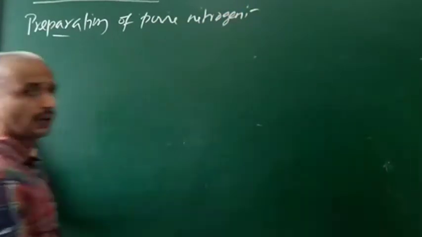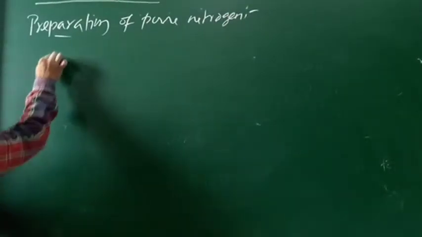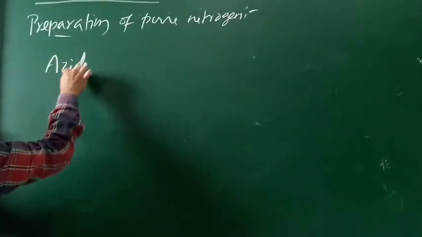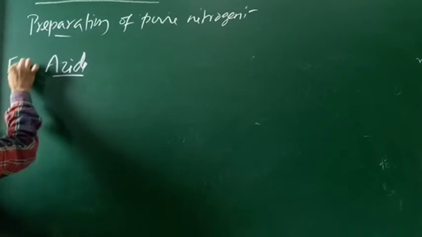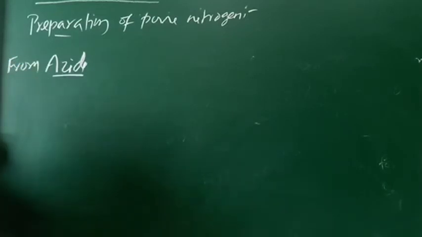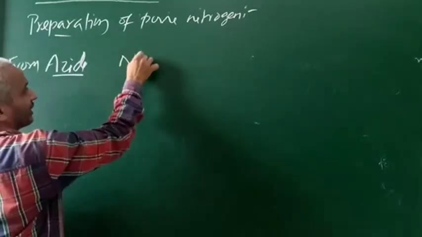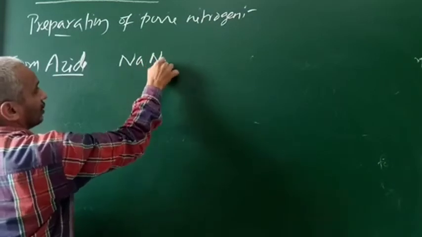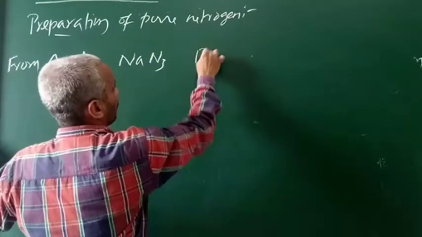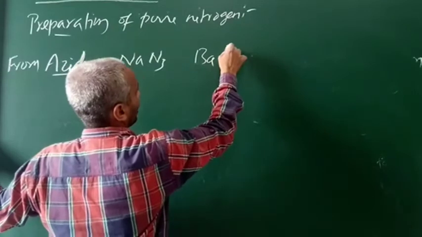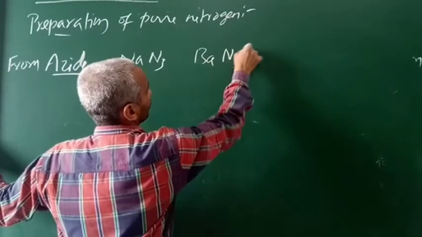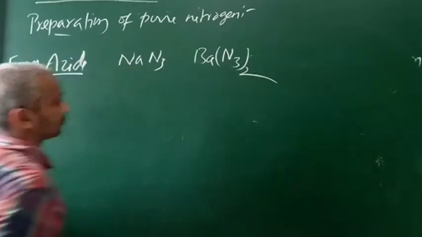And remember, pure nitrogen is obtained from azides, like sodium azide NaN3 or barium azide Ba(N3)2.